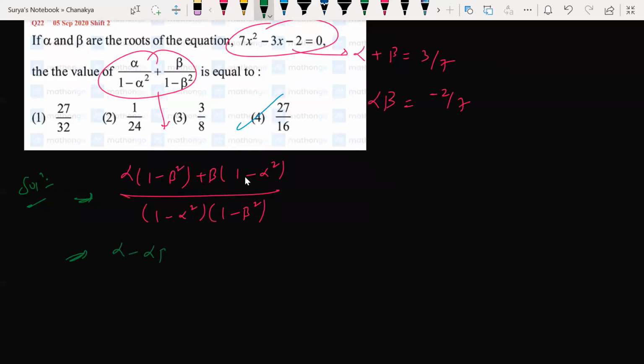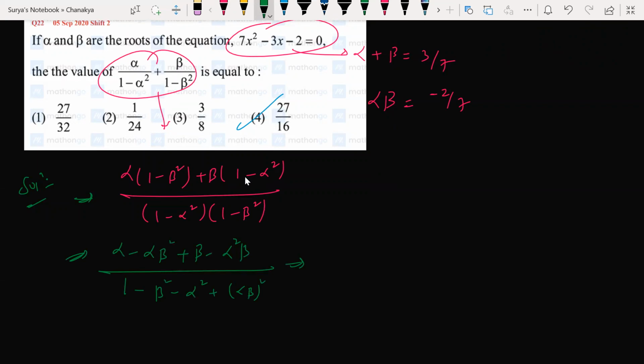Alpha minus alpha beta square plus beta minus alpha square beta, divided by, multiply this. What are you going to get here? 1 minus beta square minus alpha square plus alpha beta whole square. Check.